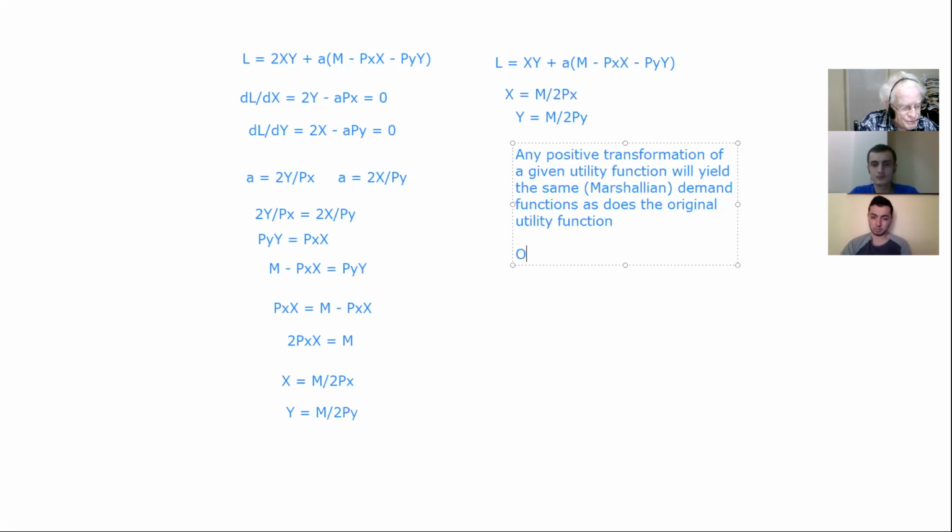In this case, our original function was that u equals xy. And then the new utility function was 2 times xy. I'll call this u1.